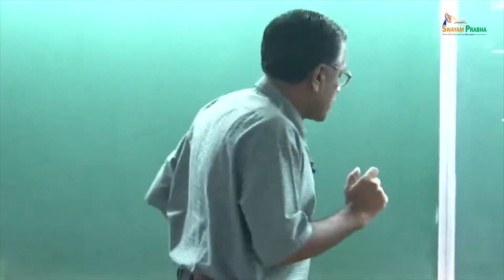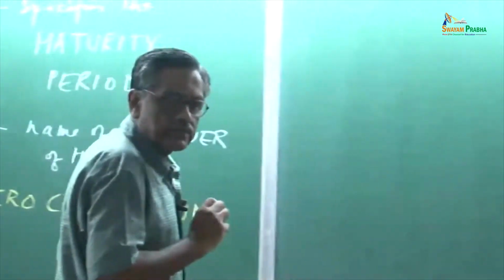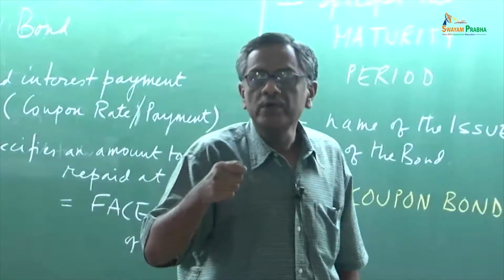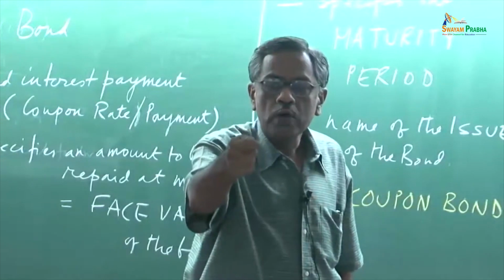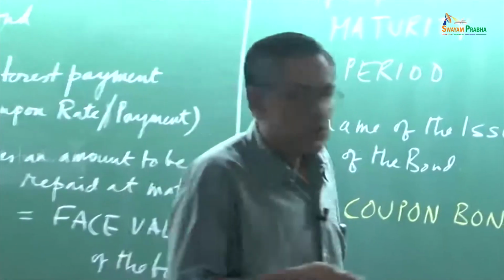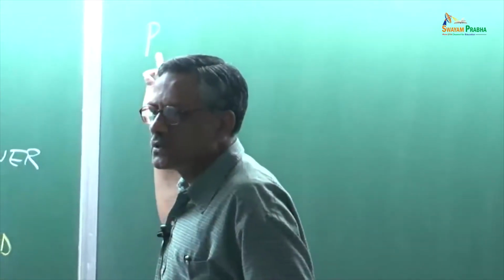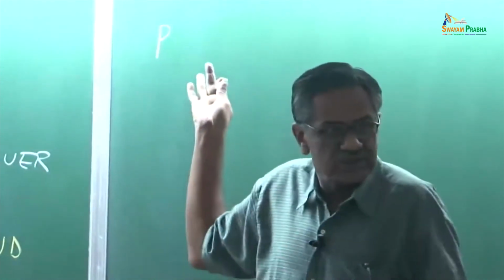Okay. So what I am trying to say, for a coupon certificate, and you are trying to purchase it, whether to purchase it or not, there would be a price which is not 1,000 rupees, which may be less than 1,000 rupees because it is a discount bond.